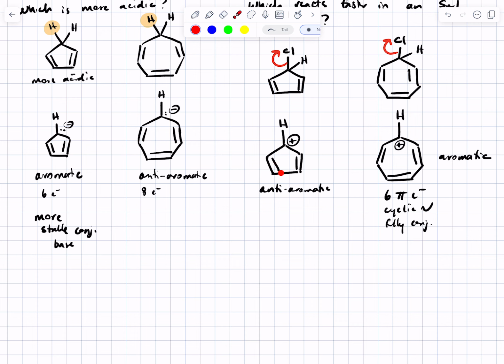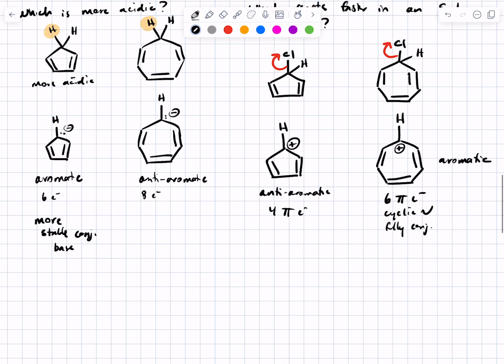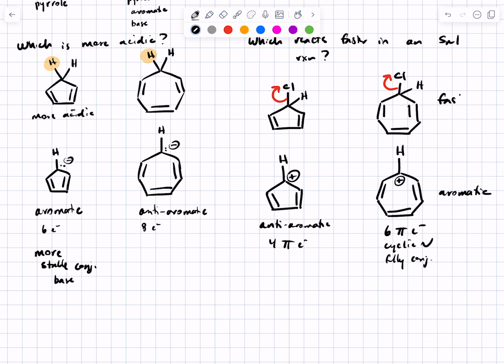The cation tells us we only have 4 pi electrons on the left, but 6 pi electrons on the right. So yes, you would expect this one to react faster in the SN1 reaction. So we can use concepts of aromaticity to explain reactivity. All right, questions?